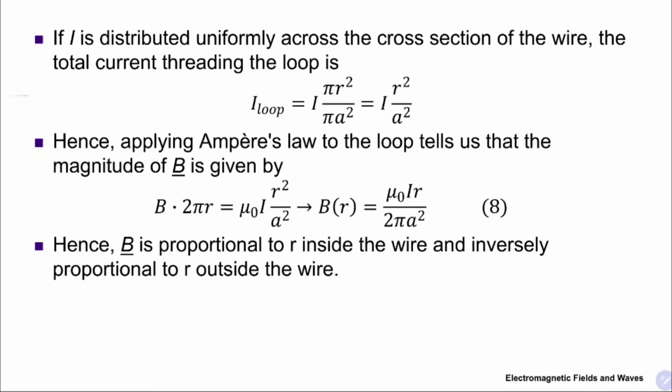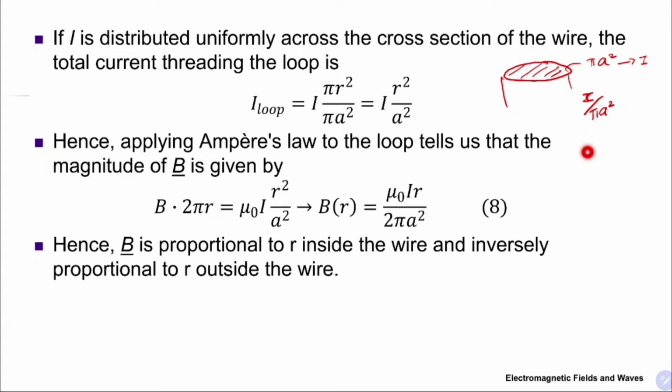in terms of the overall current. The loop current is equal to I times pi r squared over pi a squared. This is assuming that overall, my area here, pi a squared, has a current I. So the current density is I over pi a squared: the current over the area of my wire.